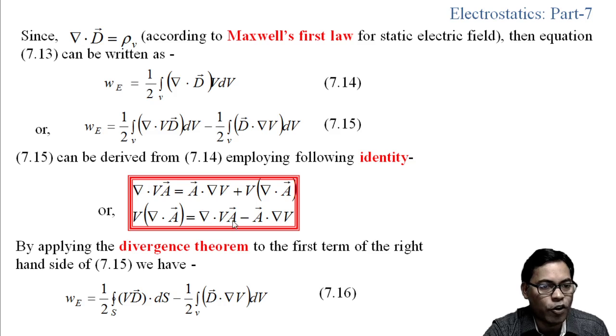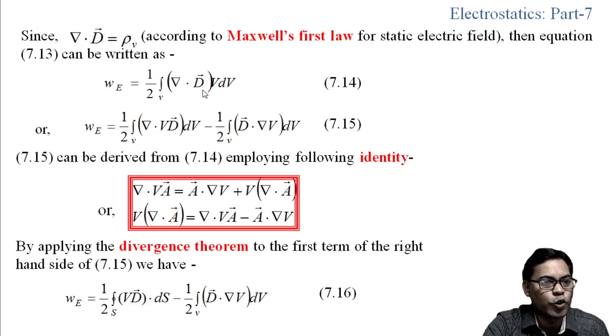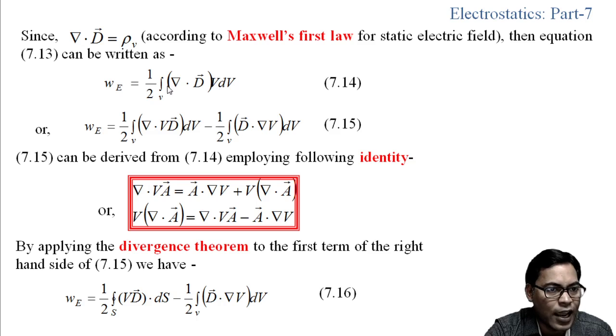So V into del dot A will equal del dot VA minus A dot del V. I said V is a scalar quantity, so left hand side or right hand side of the bracket, no problem. Here A is replaced by D, so this expression can be written like this.